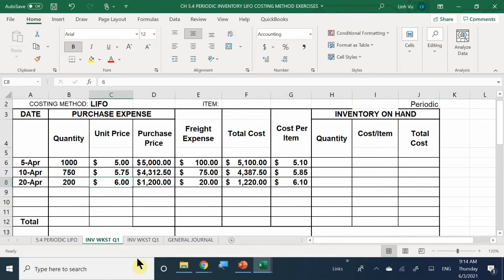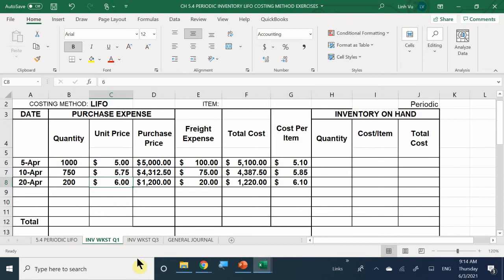But the reason why I calculated freight in there is because when I charge my customers, I'm going to make them pay for both the unit price that it cost me as well as the shipping and handling it cost me to get the item to the store. I'm going to have them cover all of my costs.